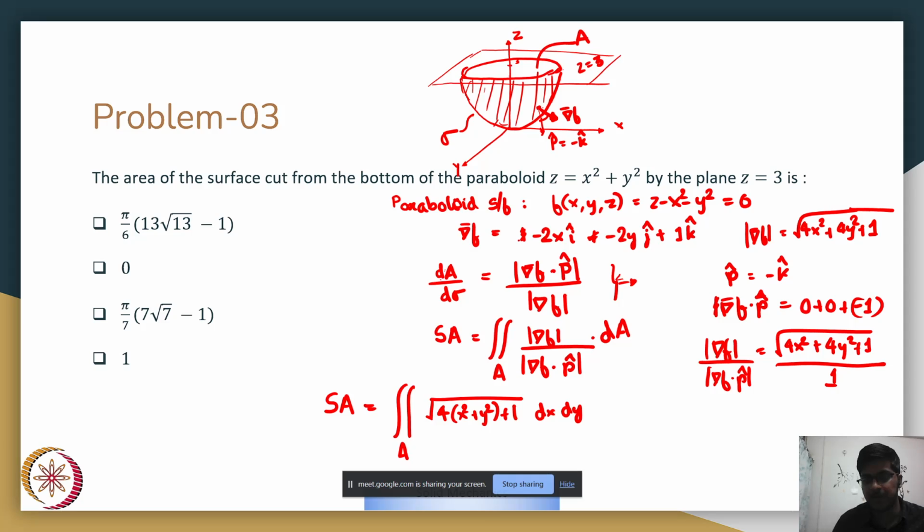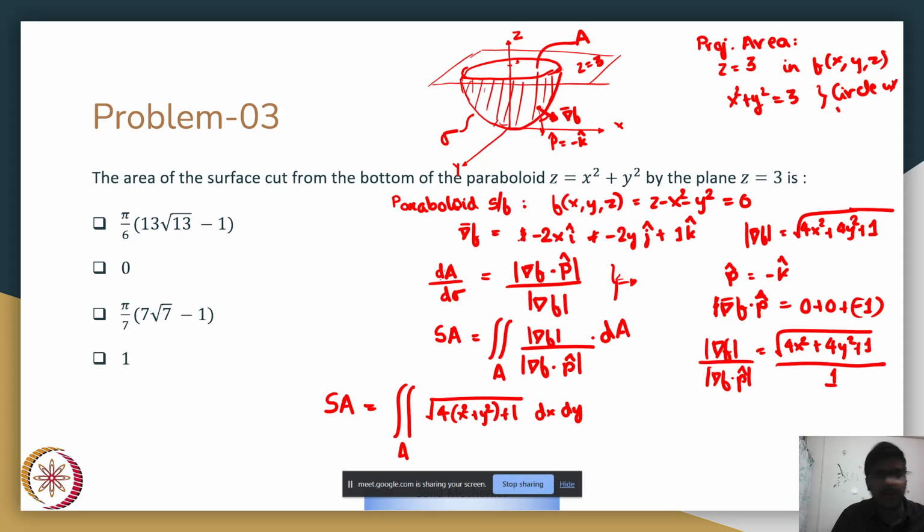For the projection area I have to substitute z equal to 3 in f of xyz. So that essentially gives me x square plus y square equal to 3, which is a circle with radius root 3, sorry.